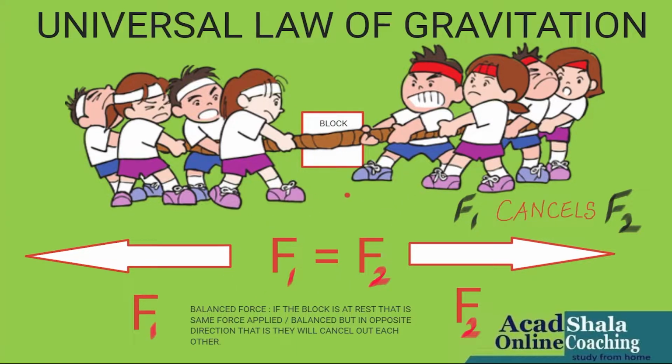If the block is at rest, the same force is applied in opposite directions, so they cancel out each other. Which forces? F1 and F2. So the F1 force will cancel the F2 force, and that is why this block in the center is at rest position.